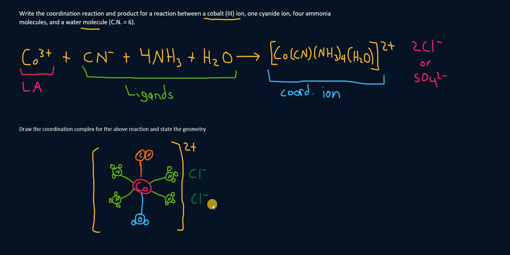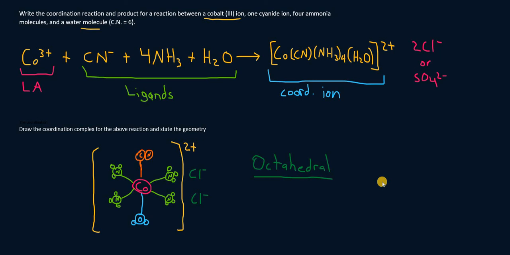But what about the geometry? Coordination geometry is going to be very similar to electron geometry. So if you have 6 groups coming off of your central ion, and here we have 6, that's going to be octahedral. The geometry is going to be determined by your coordination number.